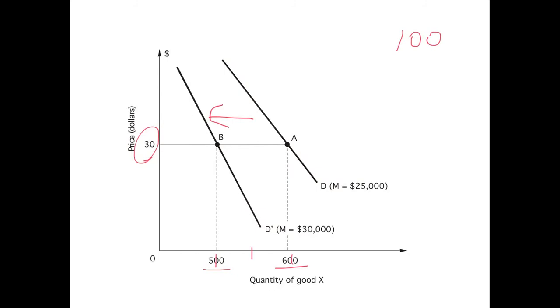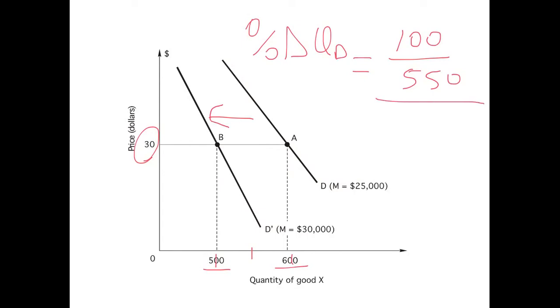So the average quantity demanded of good X, the average of 500 and 600, is 550. So this is the percent change in quantity demanded, 100 divided by 550. And then we want to divide all of that by the percent change in income.